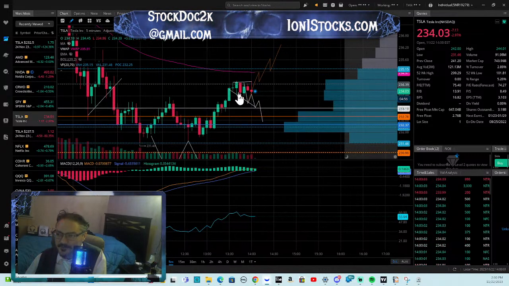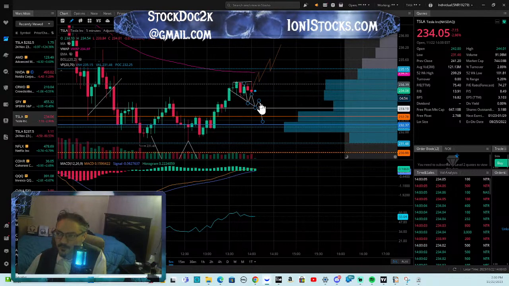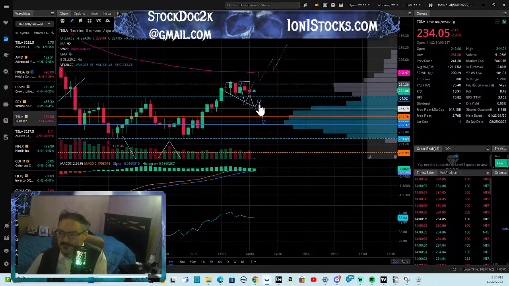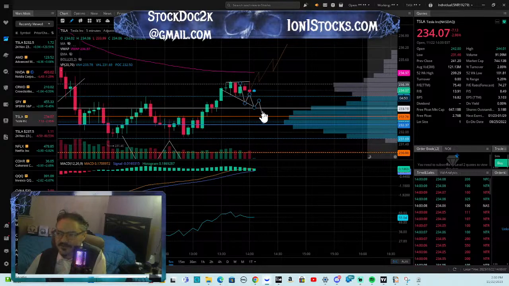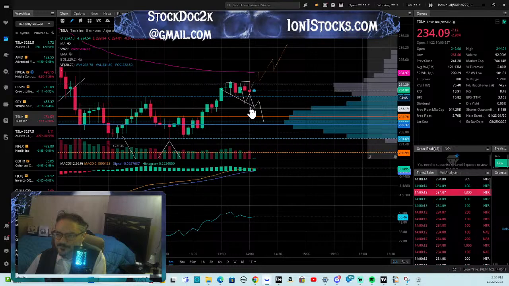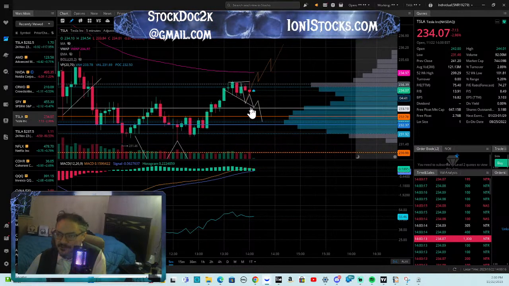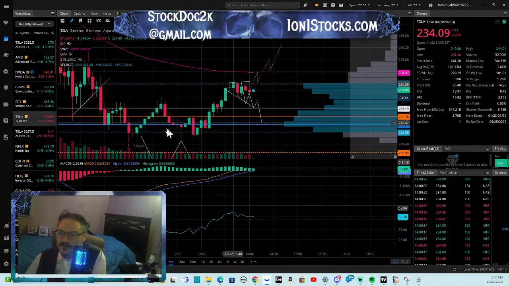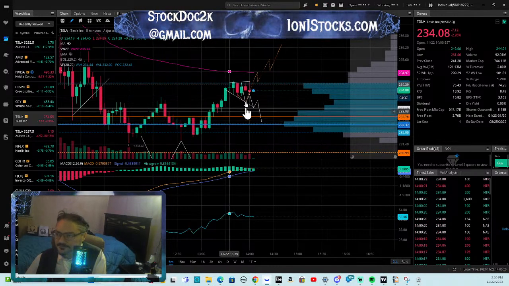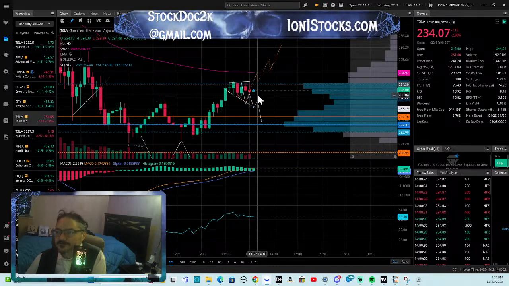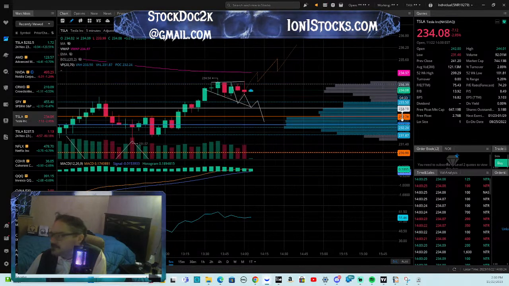So that then becomes support for any potential handle. If it breaks that, you can see it as a rejection. But if it holds that level, it looks like a good finish, a beautiful pattern. So you have a cup and handle, a double bottom, and now we're finishing up the handle, and we're going to see some action.